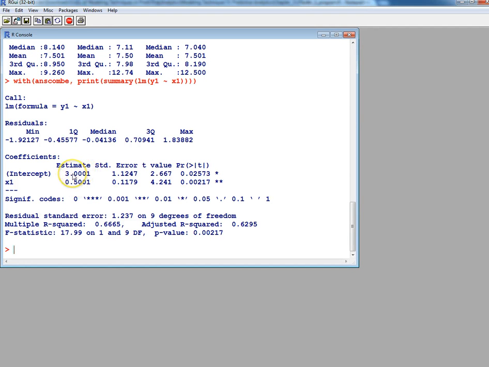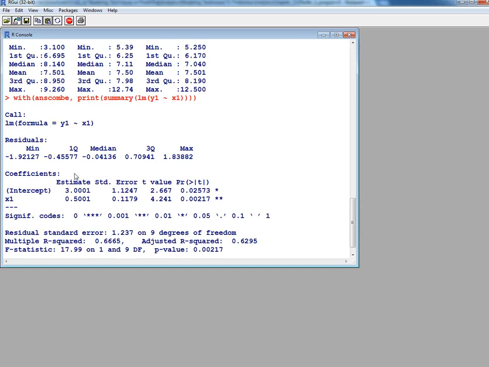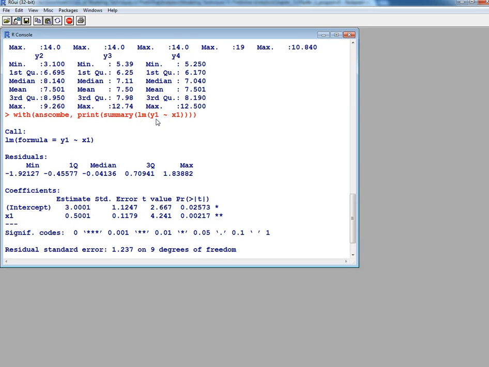So what we're doing is looking at the relationship between the y1 variable and the x1 variable. We're asking basically, can we predict y1 from x1? We find the line that fits this data best, and it has an intercept of 3 and a slope of 0.5. The other stuff, we don't really know what it means.